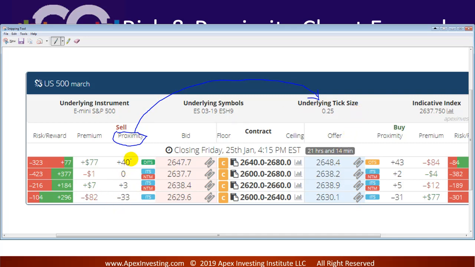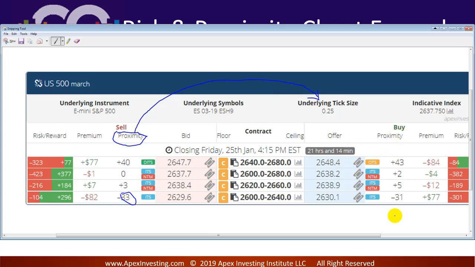So if it says 40 or 30 or whatever, and we're talking about negative proximity at this point in the game. Okay? If it says like negative 33, I have 33 ticks at risk. Okay, probably don't want to do that trade, but just going into an example for you.